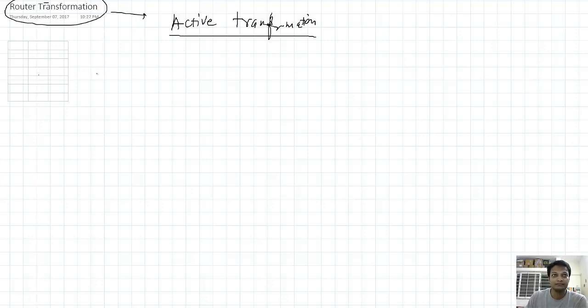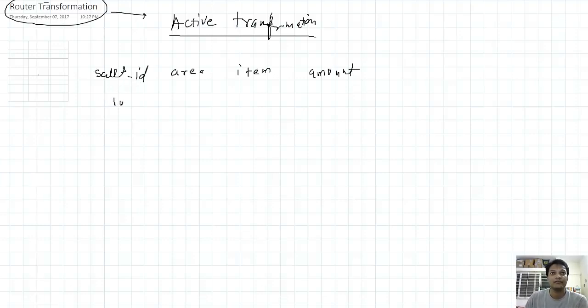Now consider a data set. Sales ID, area, item, amount. Let me call it sales ID.